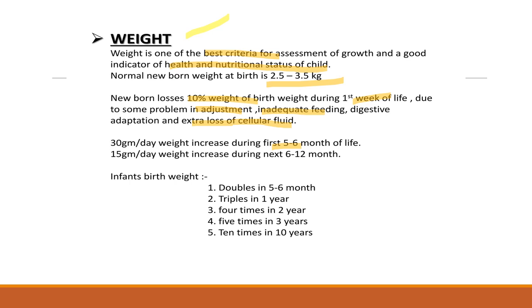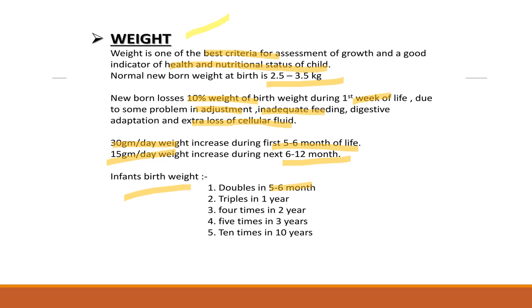In the first 5 to 6 months, weight increases by 30 grams per day. And after that, from 6 to 12 months, 15 grams per day weight increases. So, weight calculation: the weight is doubled by 5 to 6 months.